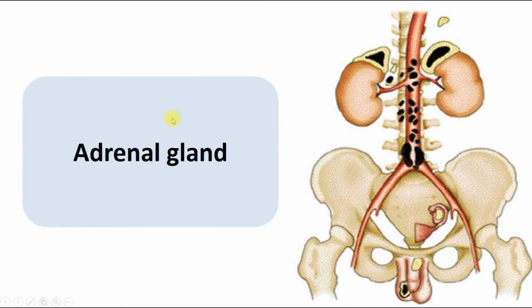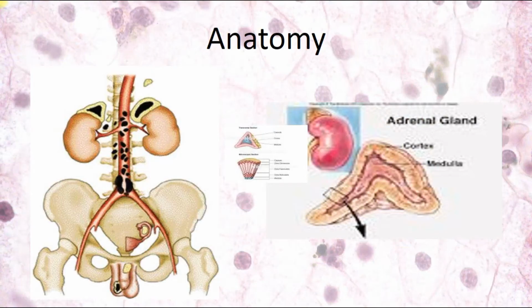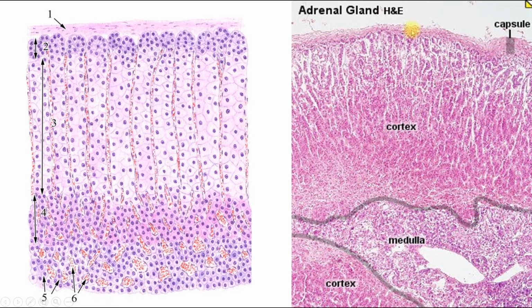And now we are going to another gland of endocrine system. It's adrenal gland. We have 2 adrenal glands, and they have 2 basic parts. It's cortex, outer layer, and medulla, and they are covered with thin connective tissue capsule. Here we can see capsule of adrenal gland, its cortex and medulla. Cortex has structure of typical endocrine gland.